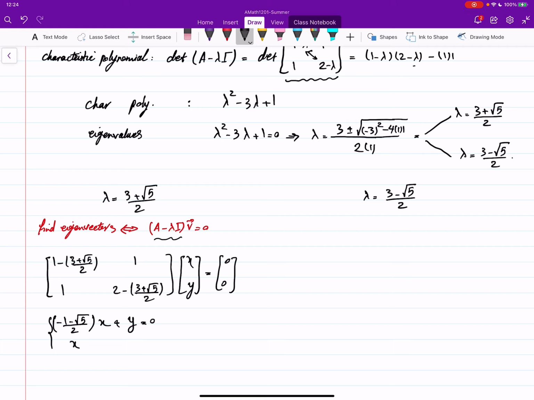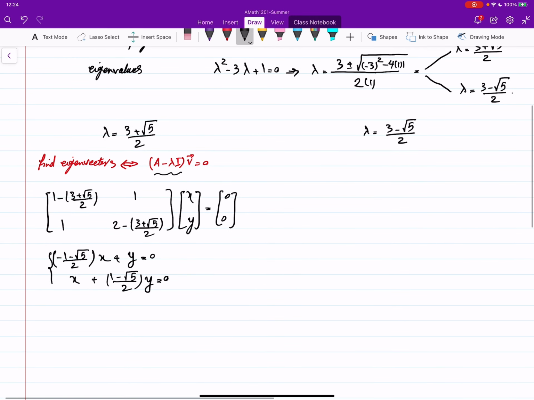The other one is x plus 1 minus root 5 over 2 times y. You may ask, what can I do with this one? If you have done everything correctly in the 2x2 case, these two equations are going to be multiples of each other. In this case, if you multiply the first equation by 1 minus root 5 over 2, you will get the second equation.